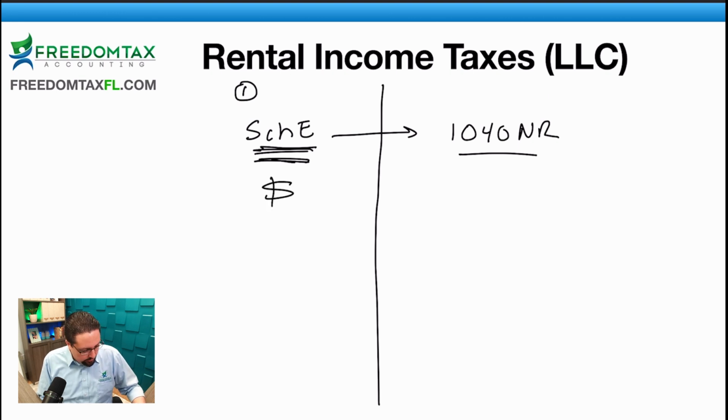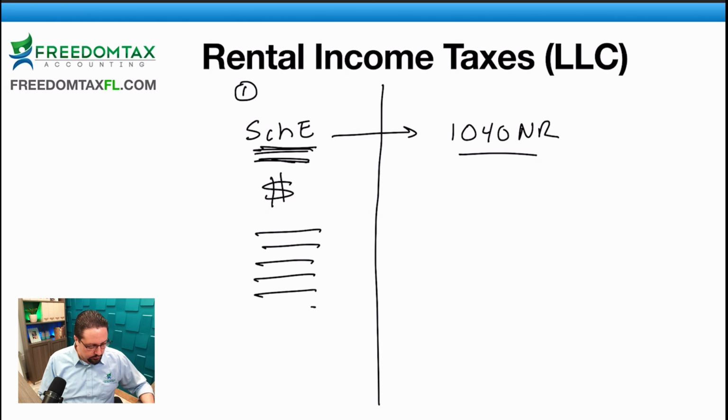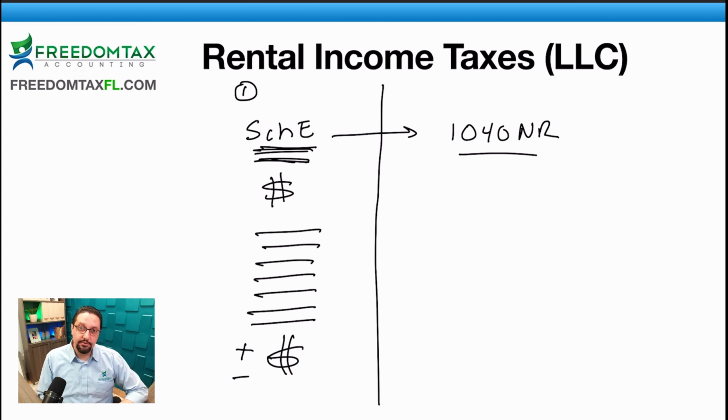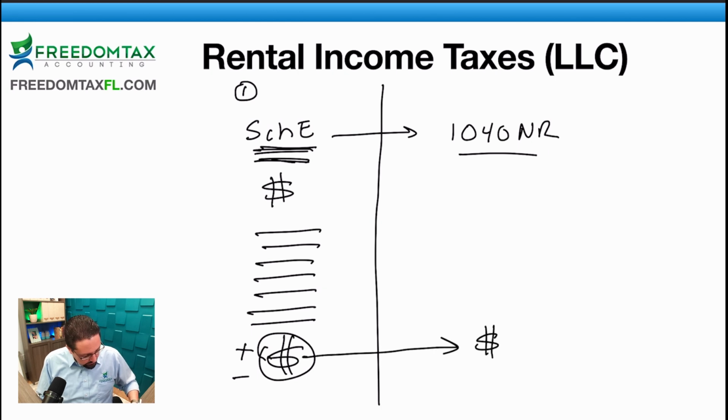You're going to make your rental income, you're going to deduct your rental expenses, you're going to have your rental net profit or loss. If you have a loss, no taxes. But if you have a profit, this gets reported on the personal tax return of the owner of the LLC, and once again, it pays the federal tax that starts at 10%.